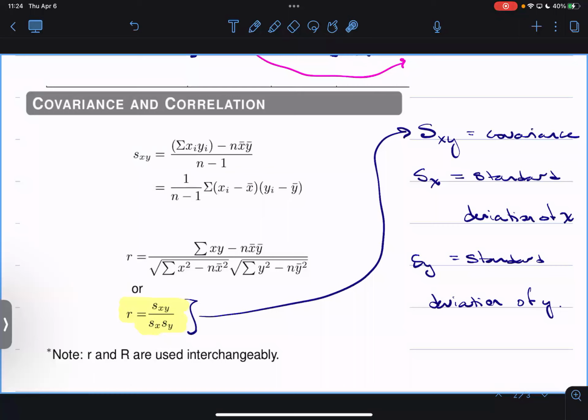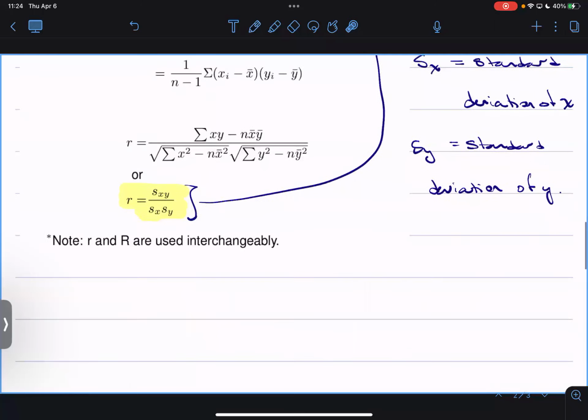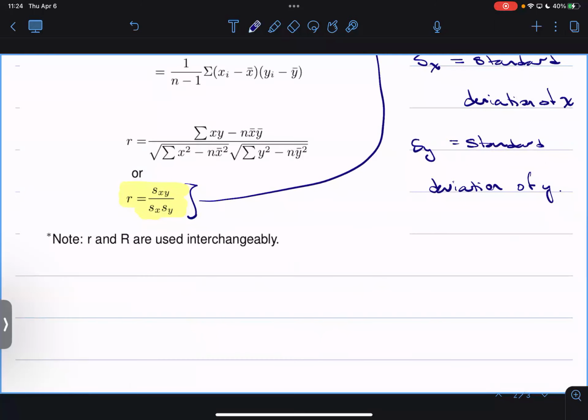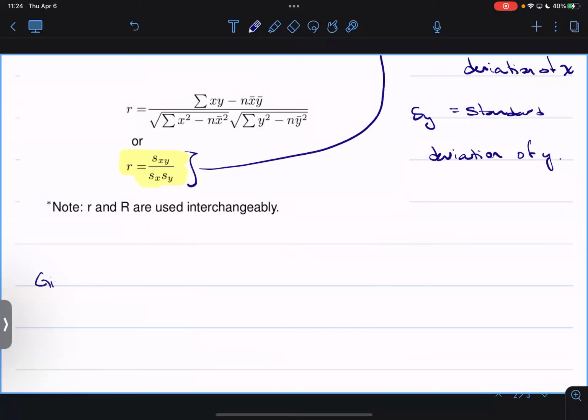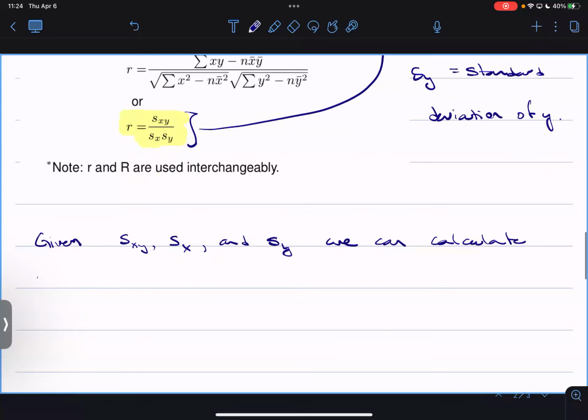So it would make a huge mess. You need to keep them straight. So given SXY, SX, and SY, we can calculate the correlation.